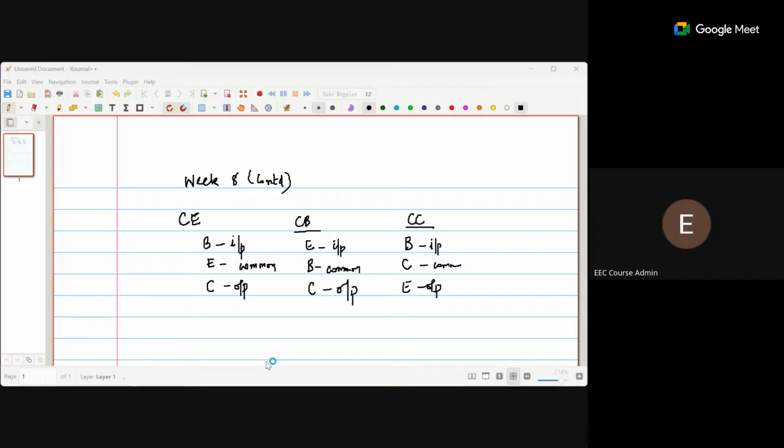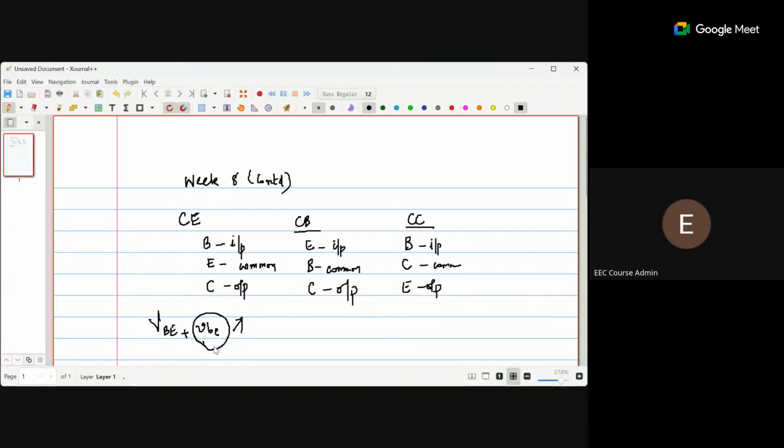If you try to recollect the analysis done in the lectures, we had seen initially capital V subscript BE plus small vbe, that means this one is the DC and this is the signal. Actually this is the small signal that we need to amplify.